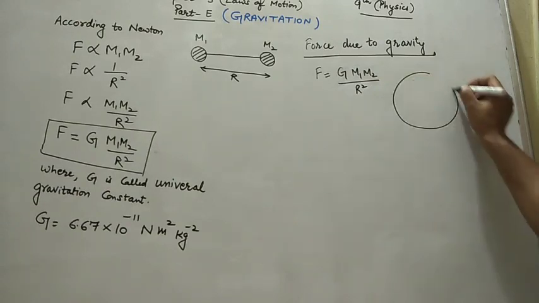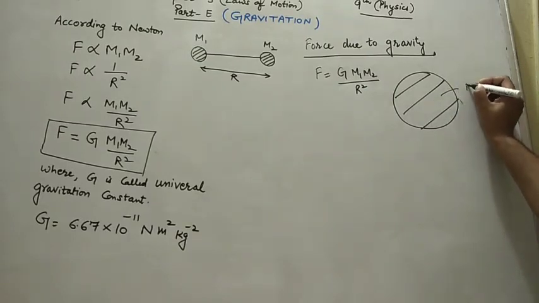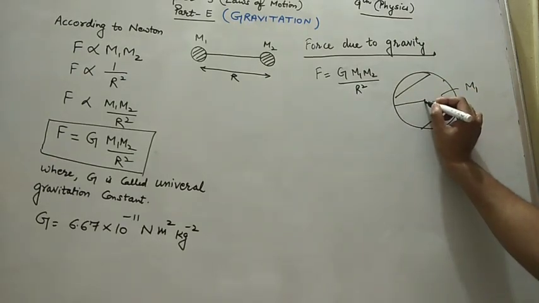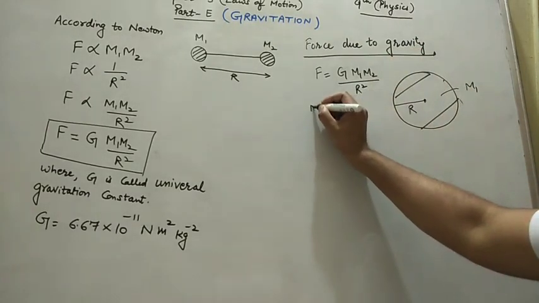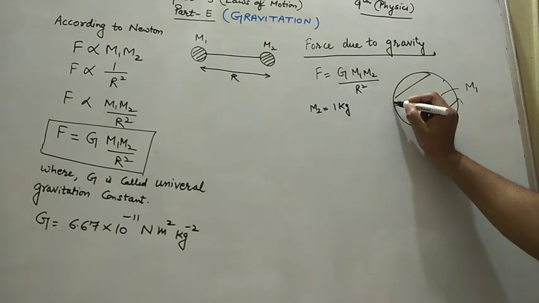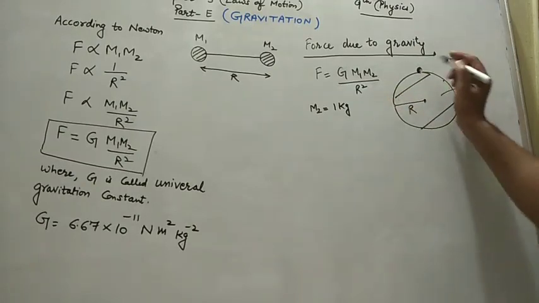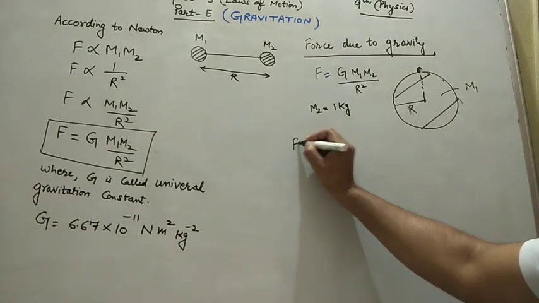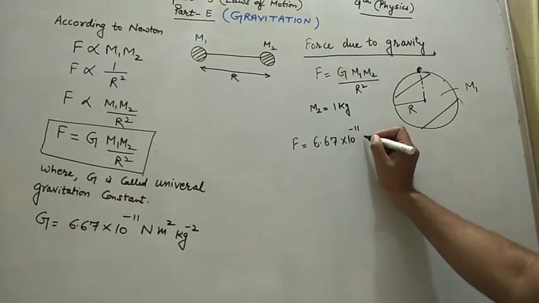Now suppose this is the earth whose mass is m1 and radius r, and m2 is 1 kg, that is on the surface, somewhere here. So you can consider it on the surface.